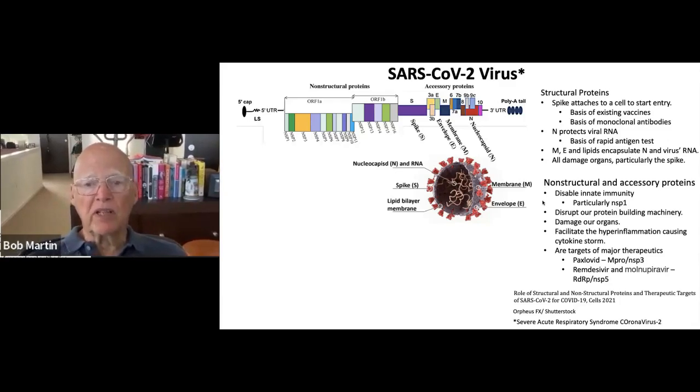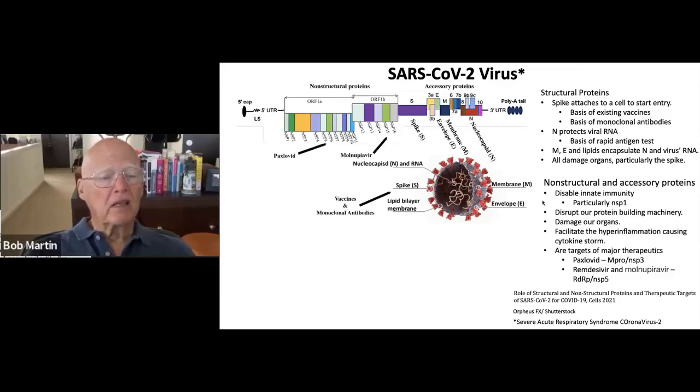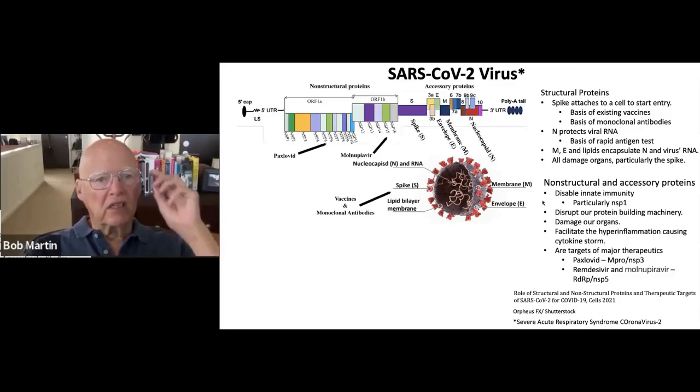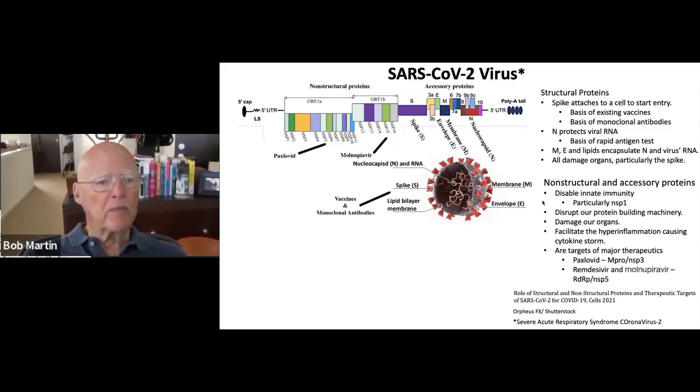Then most importantly, they facilitate the hyperinflammation causing cytokine storm. All are targets of major therapeutics, particularly Mpro for Paxlovid and RDRP or NSP5 for a couple others. You can see where each of these targets are.